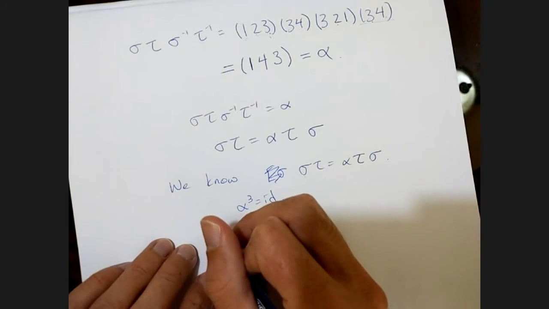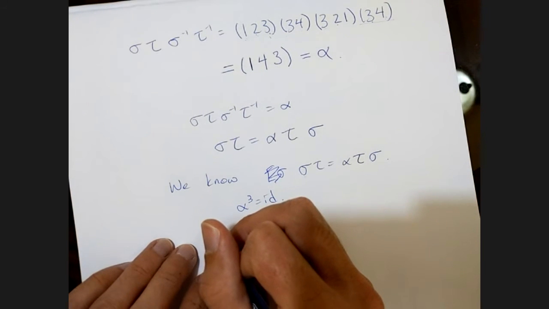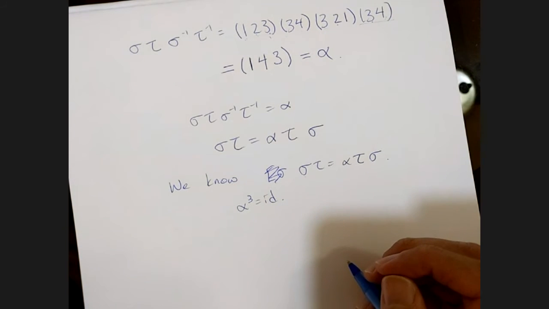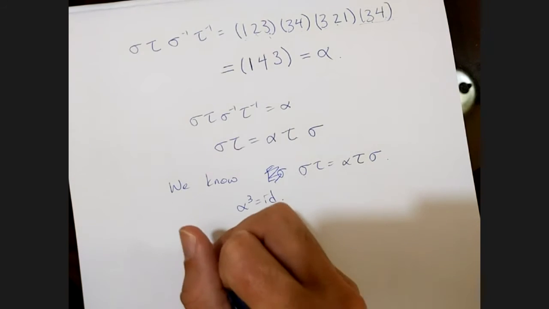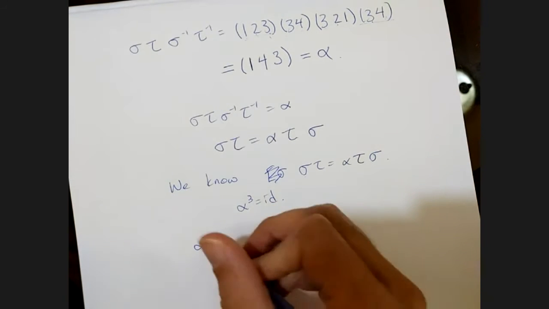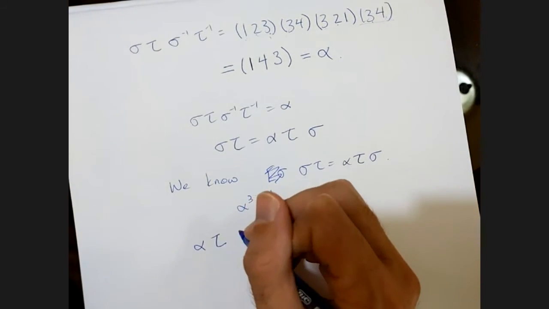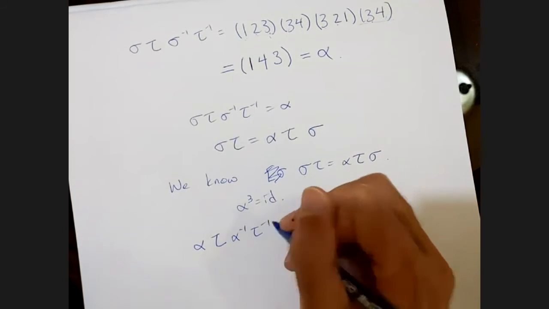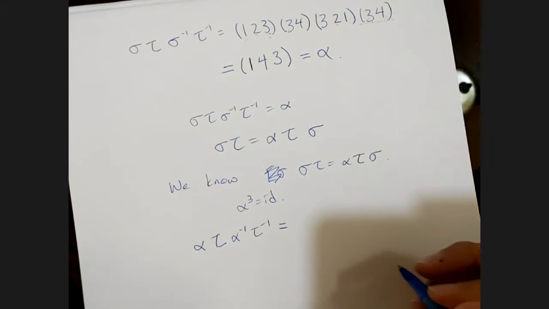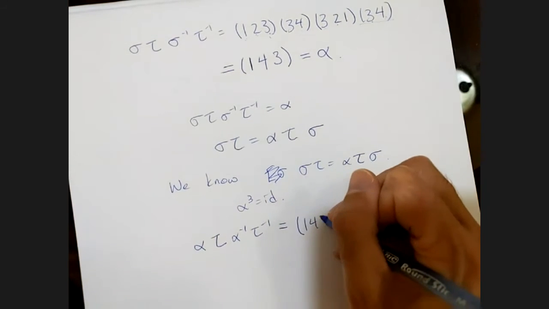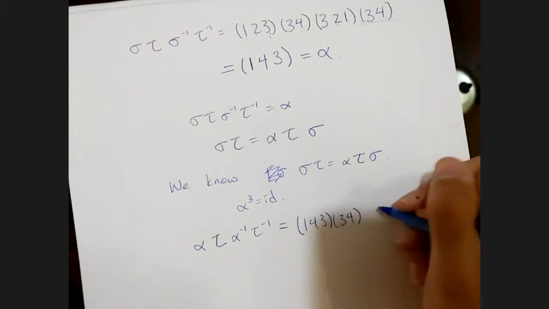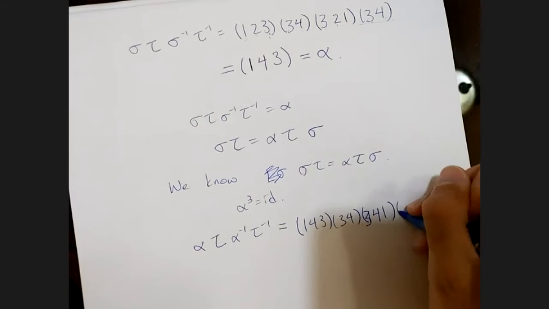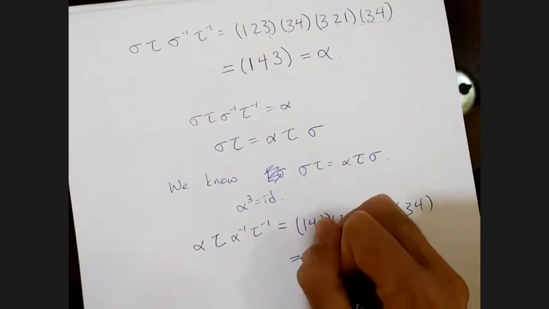Let's try and do, what is alpha tau alpha inverse tau inverse, just for example? What do you get?